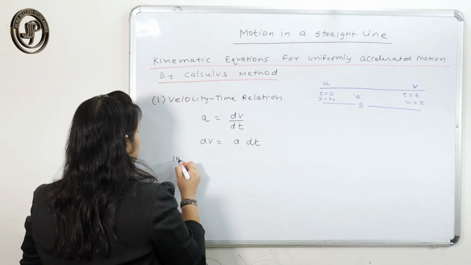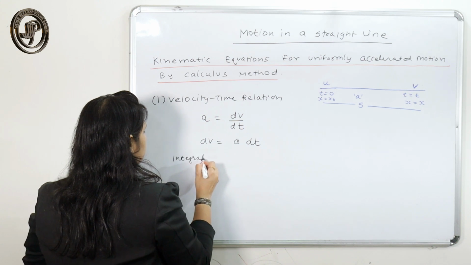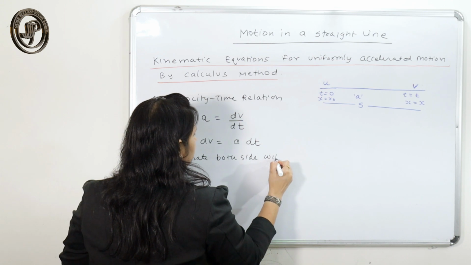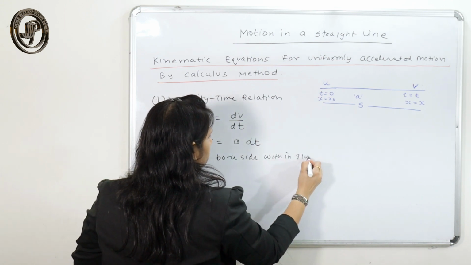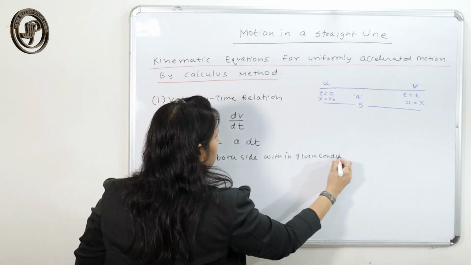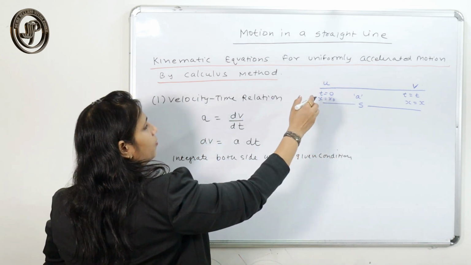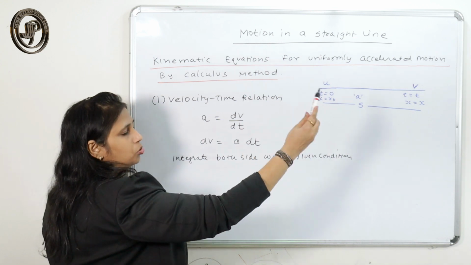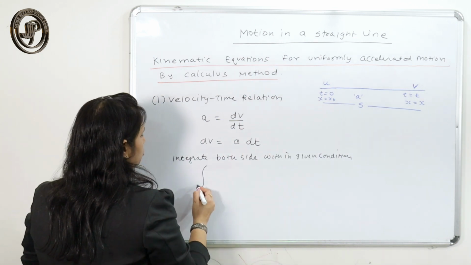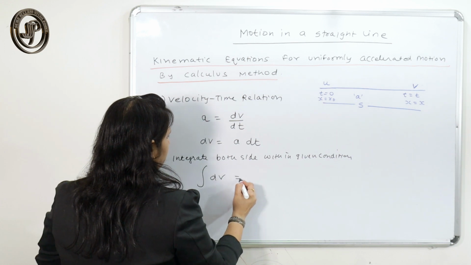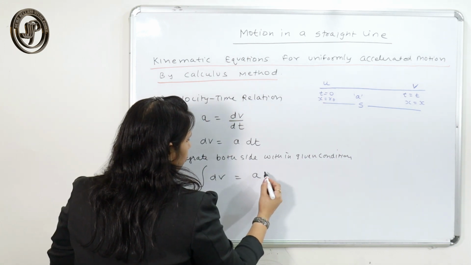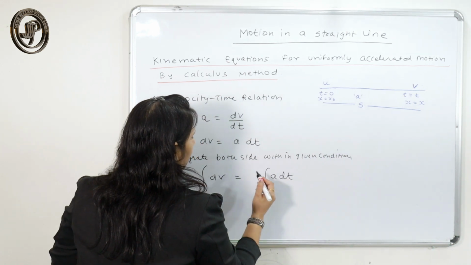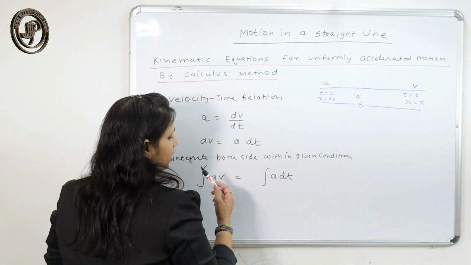So now integrate both sides within the given condition. The given condition is that the velocity changes from u to v and the time changes from t equals 0 to t equals t. Since a is constant, I can take a out of the integral.